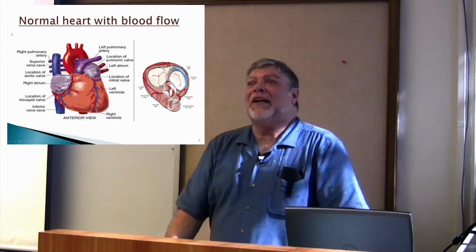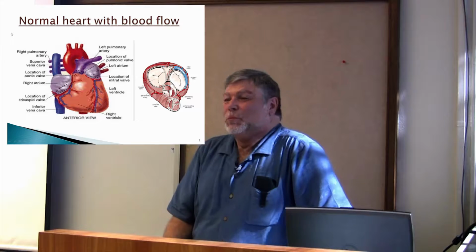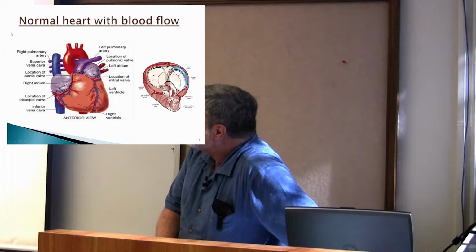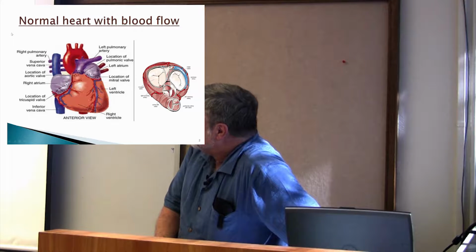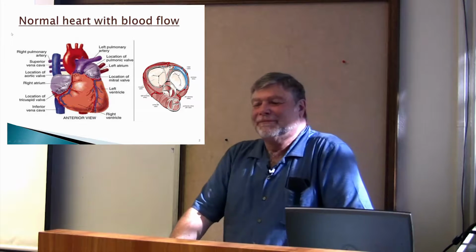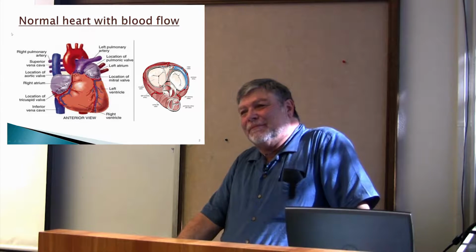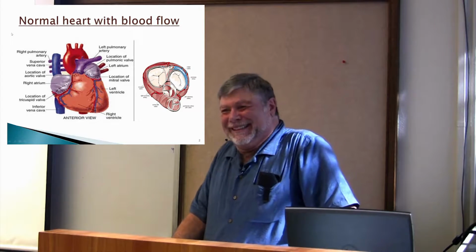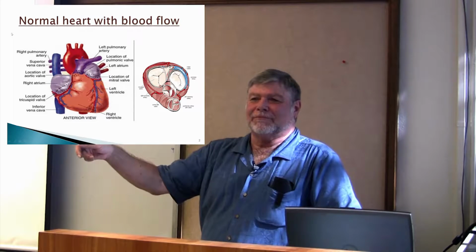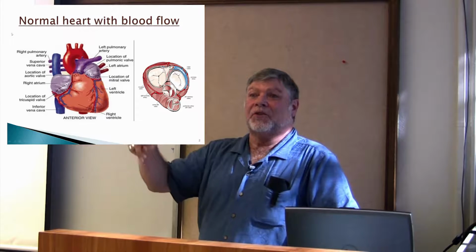What's the only red vein? Well, what runs into the heart from the lungs? Pulmonary vein. So, by definition, veins go to the heart, arteries go away from the heart.